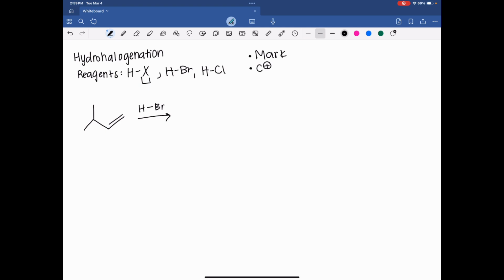So our first step in this is that our double bond is going to come and pick up this hydrogen. Let me draw that a little better. Right here. And then the electrons from this bond connecting the hydrogen and bromine are going to go back to the bromine.